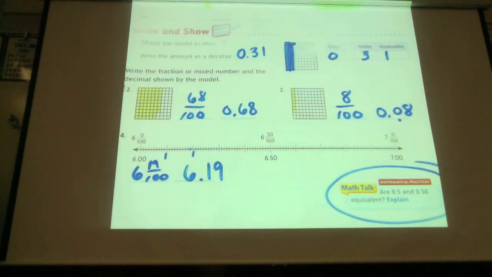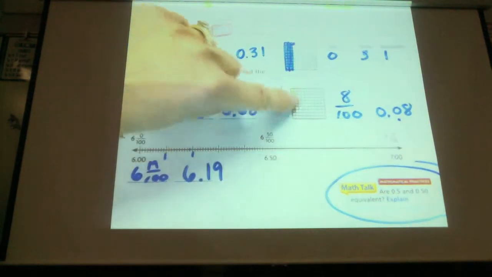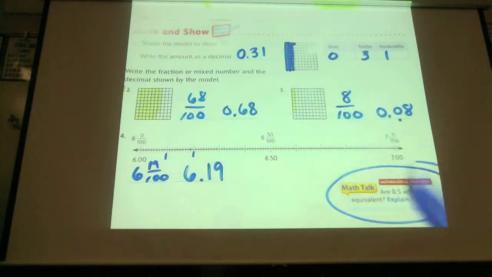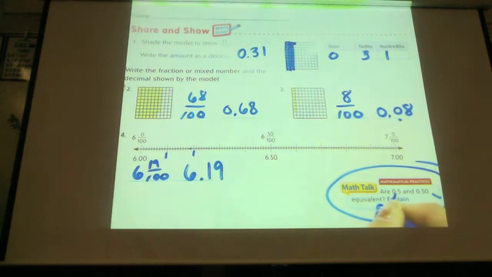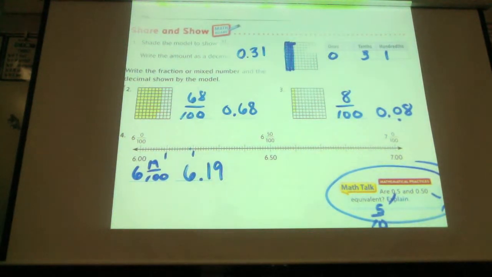6.19. Are 0.5 and 0.50 the same? Are they equivalent? Are they equivalent, Sophia? Yes. Yes, they are. Let's look at this. I'm going to use this one up here. This is 50 100ths, right? And what is this one called? 5 tenths.